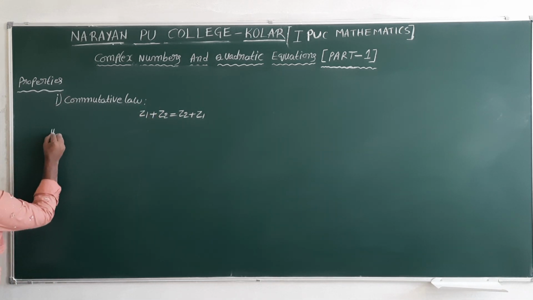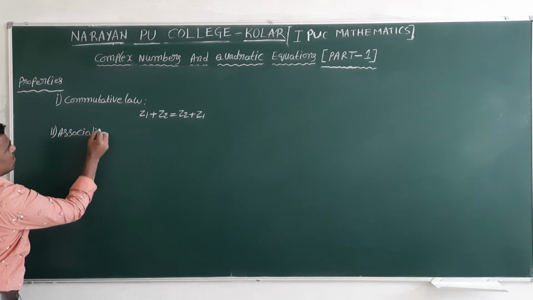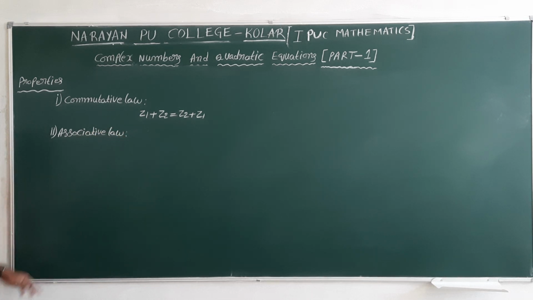Next, the second one, the associative law. To define the associative law, we need three complex numbers.